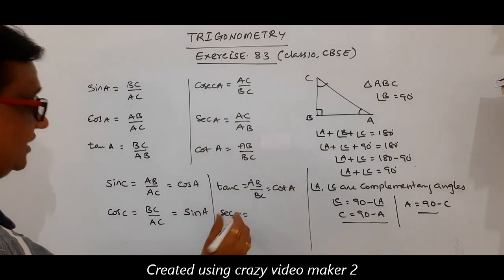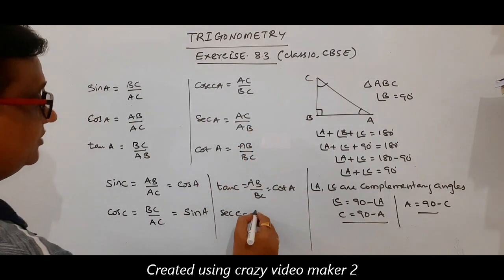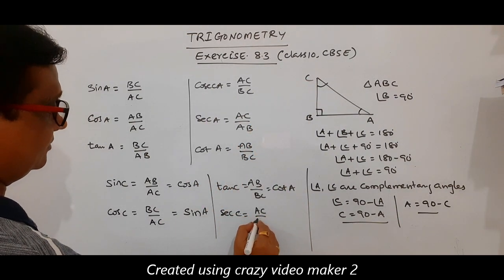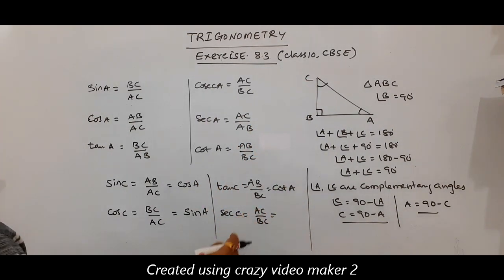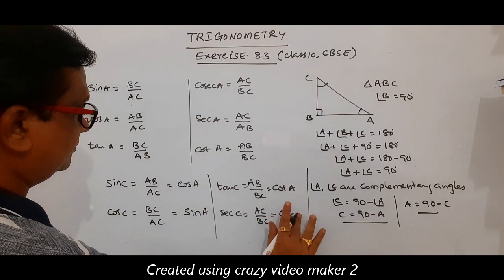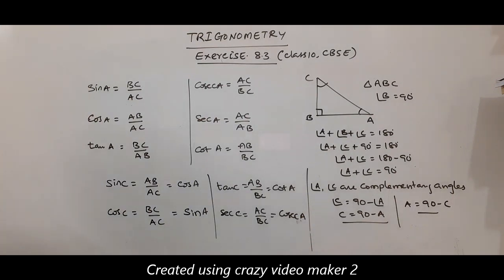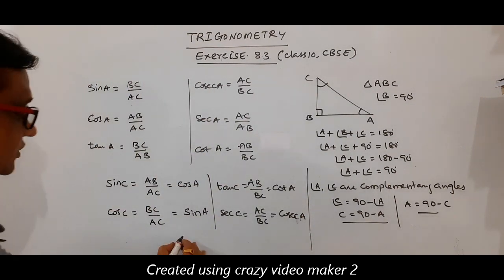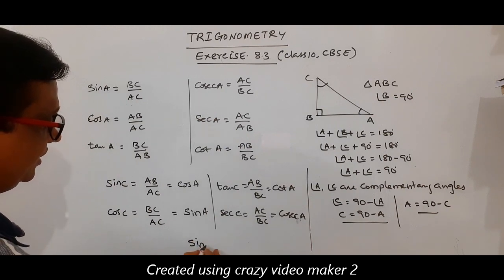Secant C means hypotenuse by adjacent, AC by BC, which is cosecant A.